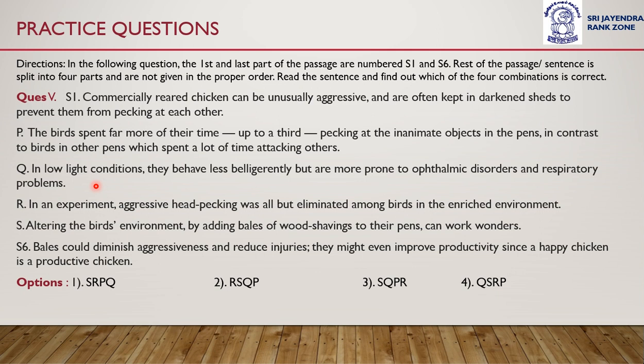Altering the bird's environment by adding bales of wood shavings to their pens can work wonders. Bales could diminish aggressiveness and reduce injuries. They might even improve productivity, since a happy chicken is a productive chicken. So these are the six sentences.